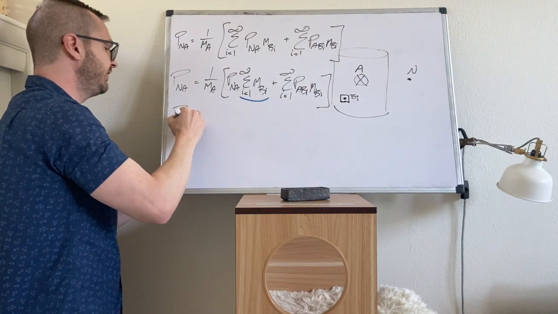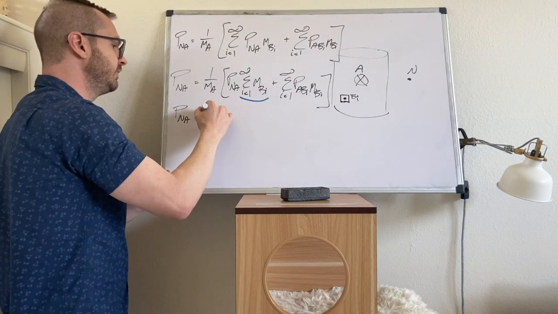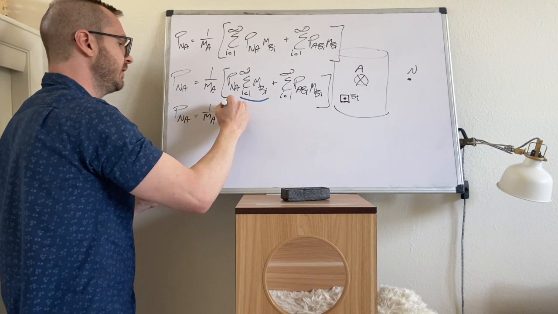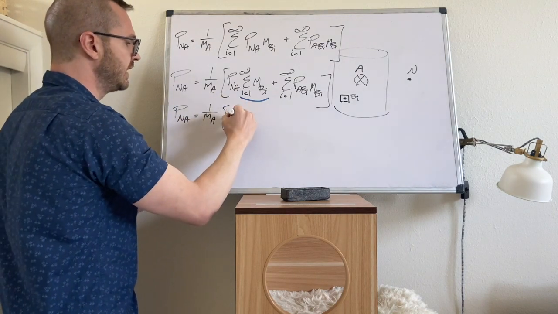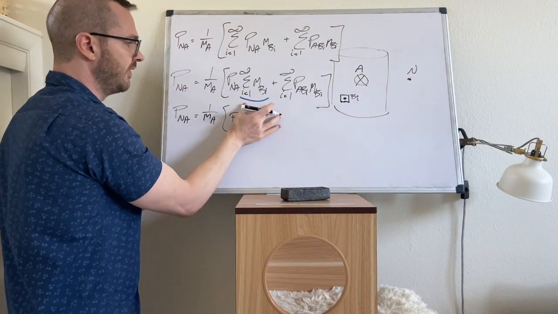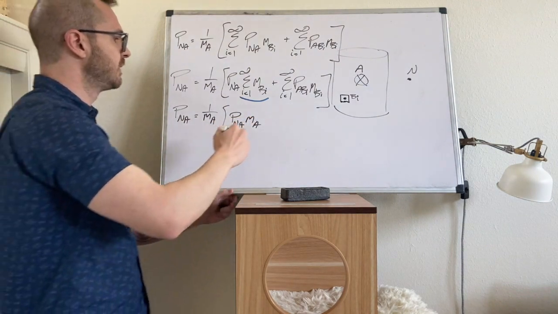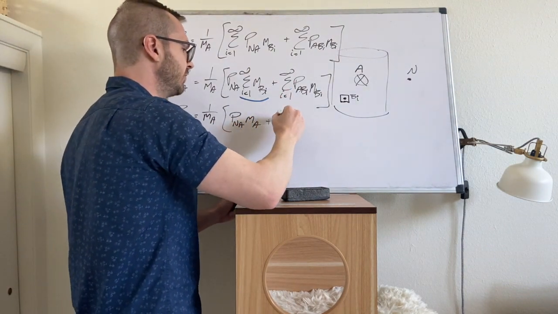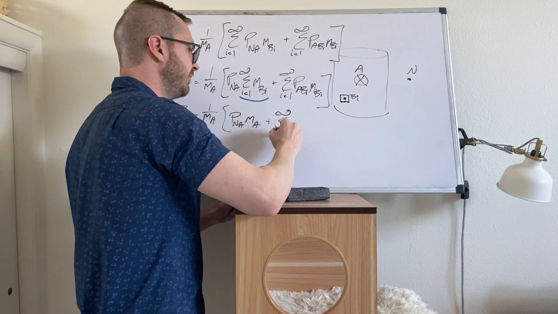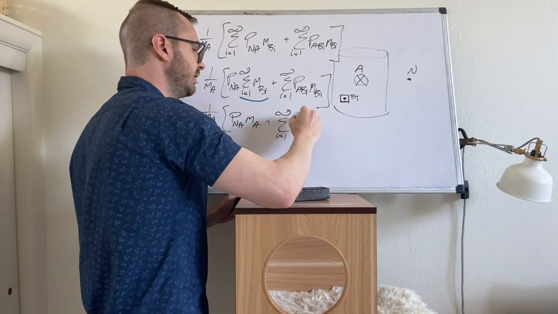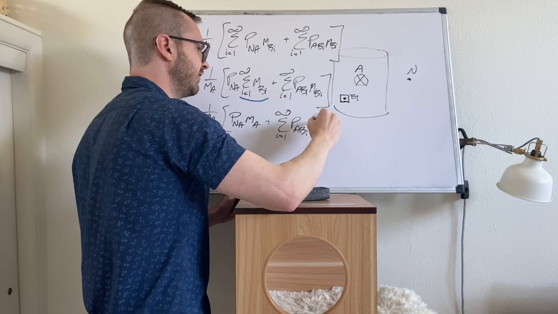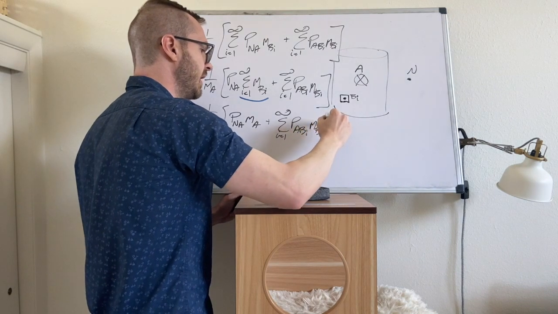So P into A is going to equal 1 over MA times P in A, and this is MA, plus this remaining term, the infinite summation of P AB sub I MBI.